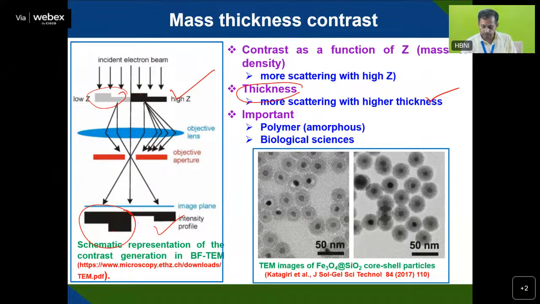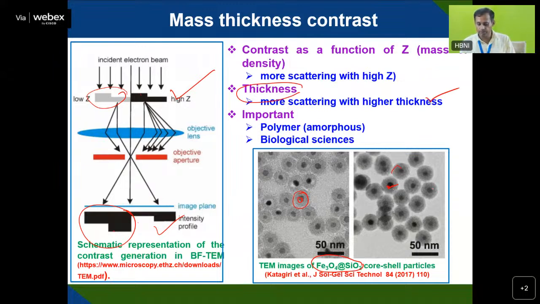Here you can see a Fe3O4 SiO2 structure, where the core is Fe3O4 and the shell is silica. Silicon Z is low on the outside, while at the center the iron Z is high.